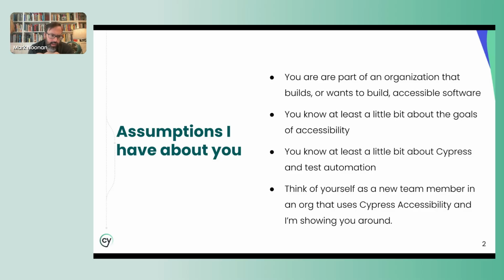And like I said, I want you to think of this as if we started to work together and you're a new team member at a place that uses Cypress accessibility and you have a bunch of questions. Often when you think about accessibility automation, the first things that come to mind are, okay, we can't do it because of X, we can't do it because of Y, it's going to be really hard. There are these sets of things.